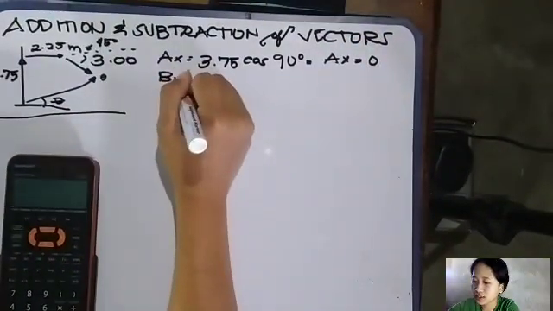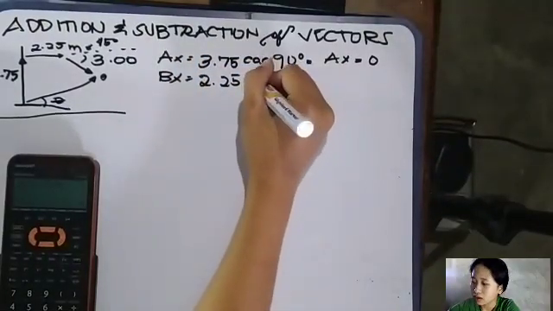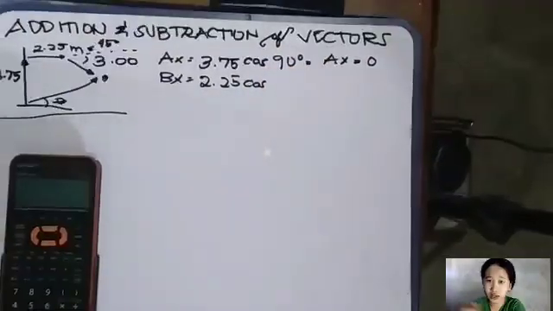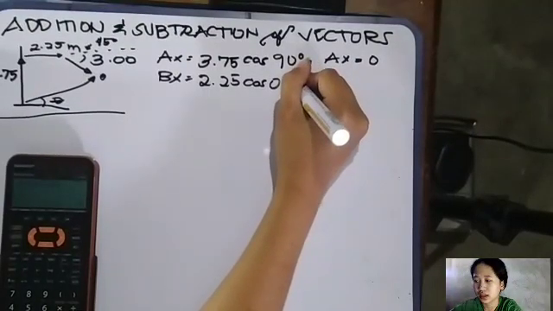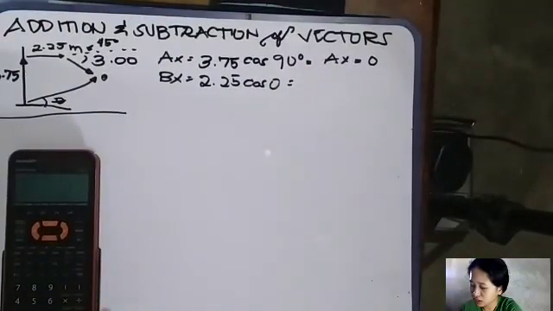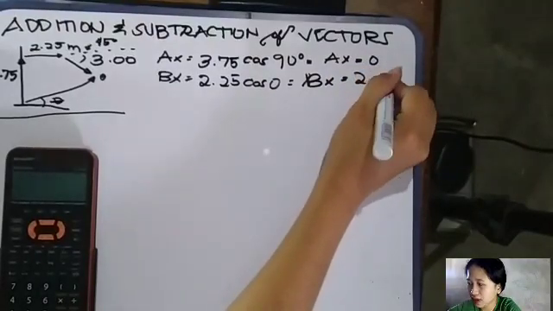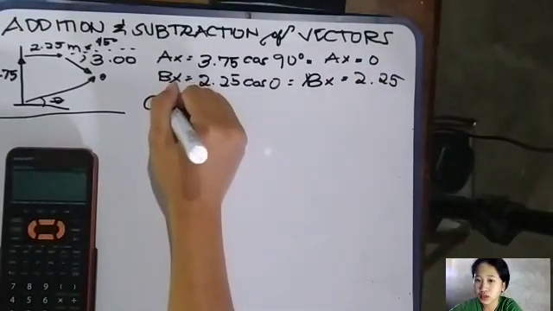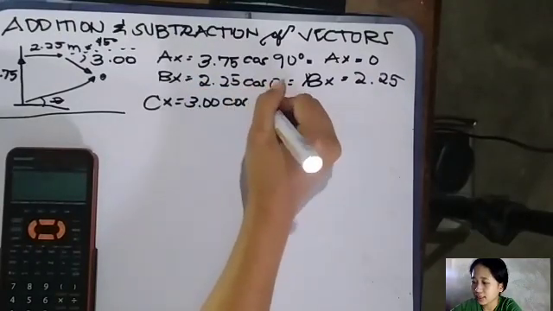So, ang B sub x natin is 2.25 cosine 0. So, nakagano siya. So, 0 siya. Diba? Sa may horizontal natin. 0 is equals to 2.25 cosine 0 is equals to 2.25. So, yung C sub x natin, C sub x is equals to 3 meters cosine negative 45.